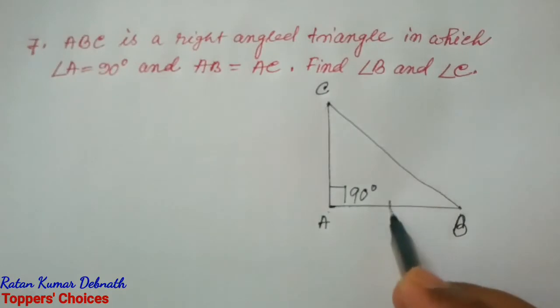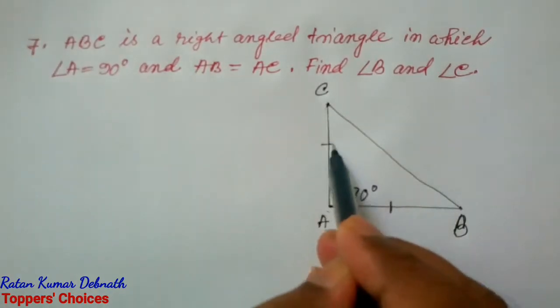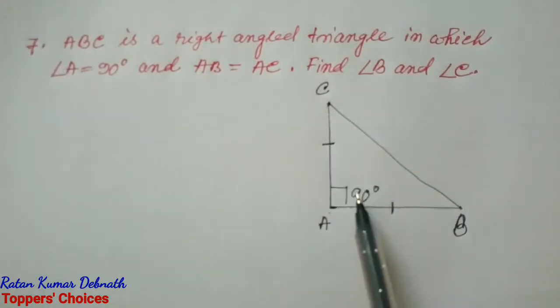That means this side equals to this side. So we can call this triangle a right angle isosceles triangle.